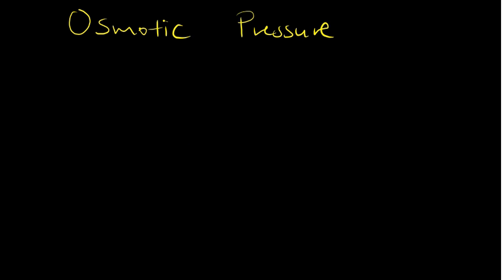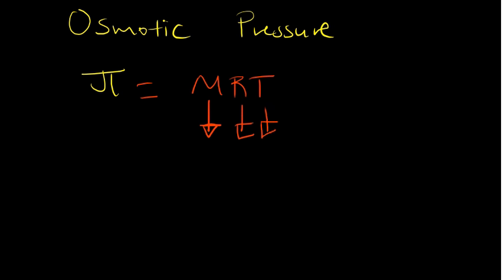So osmotic pressure as a colligative property is calculated as, we usually denote it by this symbol, pi equals MRT. This means the osmotic pressure is dependent on the molarity concentration, that is the capital letter M, R is the gas constant, and T is the temperature in Kelvin.